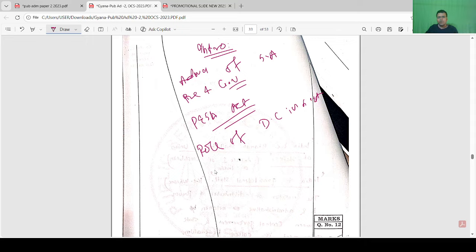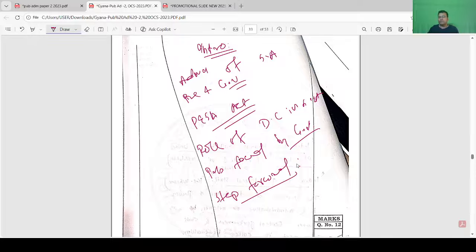Problems faced by the Governor. The Governor also faces certain problems administering scheduled area, and the step forward, because ultimately it is the welfare of scheduled tribes.